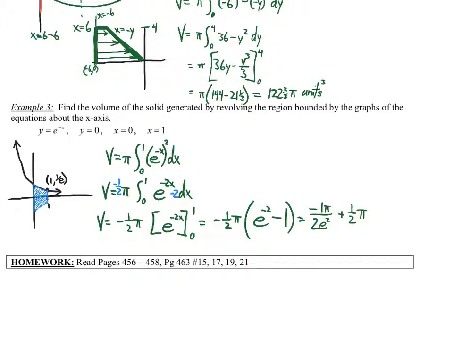And by the way, that should be positive. It is positive because we had a negative on the outside, and e to the negative 2 power is a fraction. So if I subtract 1, it's going to be less than 0, and negative and negative makes a positive. So this many units cubed will be our answer.